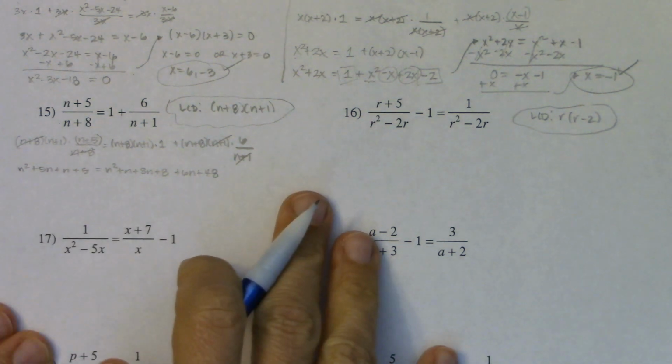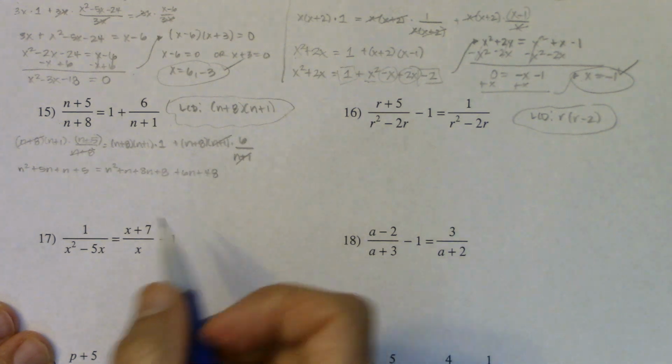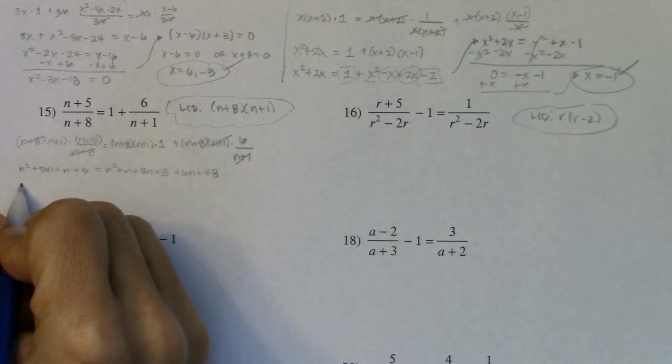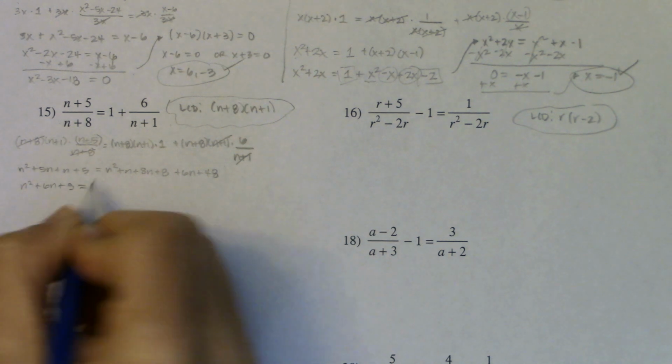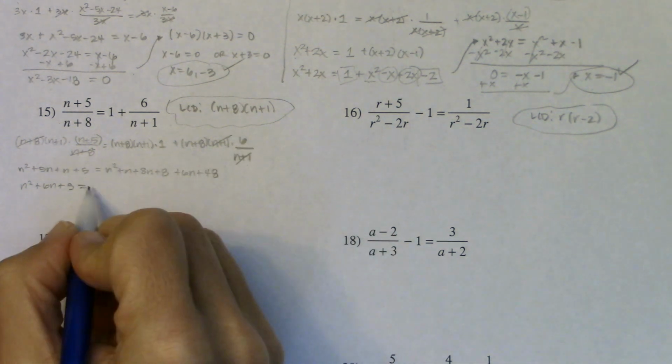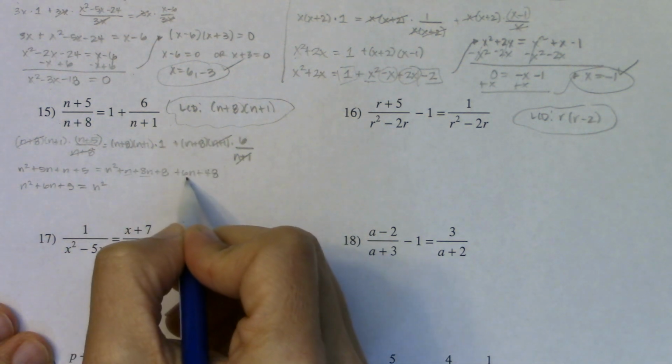And then it's a matter of collecting like terms. I've got a quadratic equation, or at least it looks quadratic right now. On the left side I have n squared, 6n, 5. On the right side, I only have the one quadratic term. I've got n, 8n, that's n, 6n.